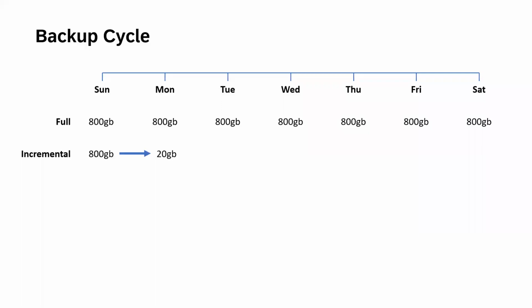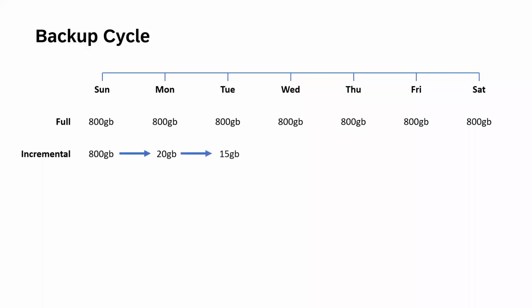So on Monday, when the incremental backup runs again, it will not take the full backup. It will take the difference. It will only back up the changes which were done since the last backup. So only 20 GB was changed, and on Monday it will only back up the 20 GB.